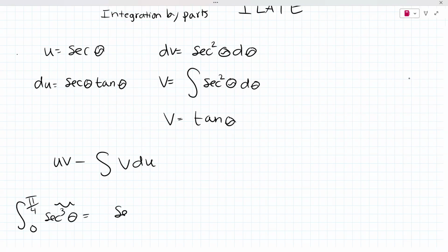So it's going to be secant theta tan theta minus the integration of v du. So my v is tan theta, and my du is secant theta tan theta d theta.